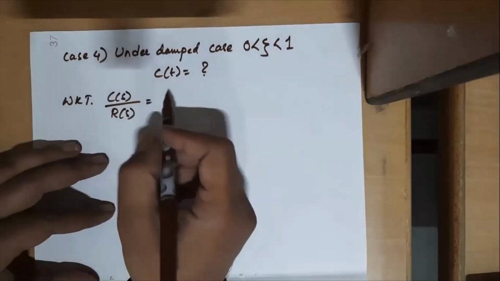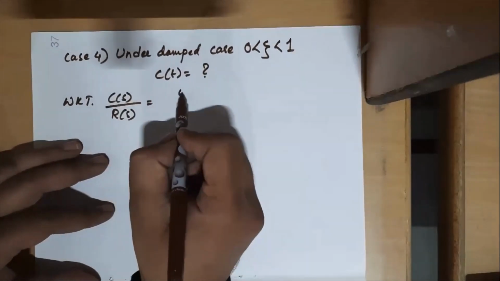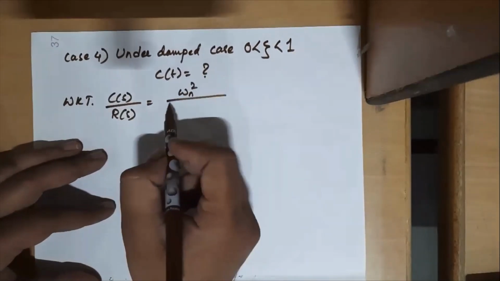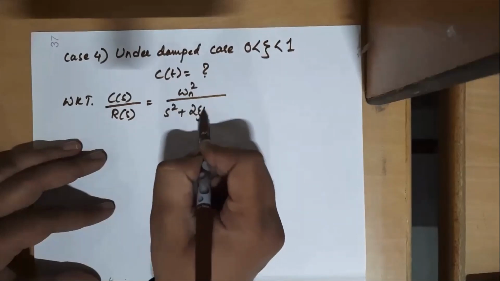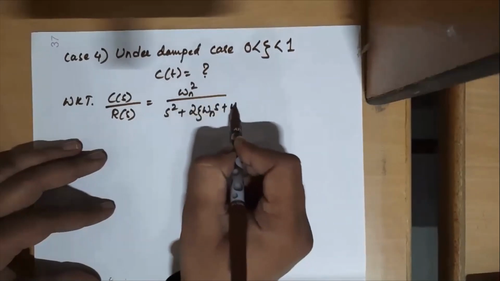We know that C of s by R of s, the standard second order transfer function, is omega n square divided by s square plus 2 zeta omega n s plus omega n square.